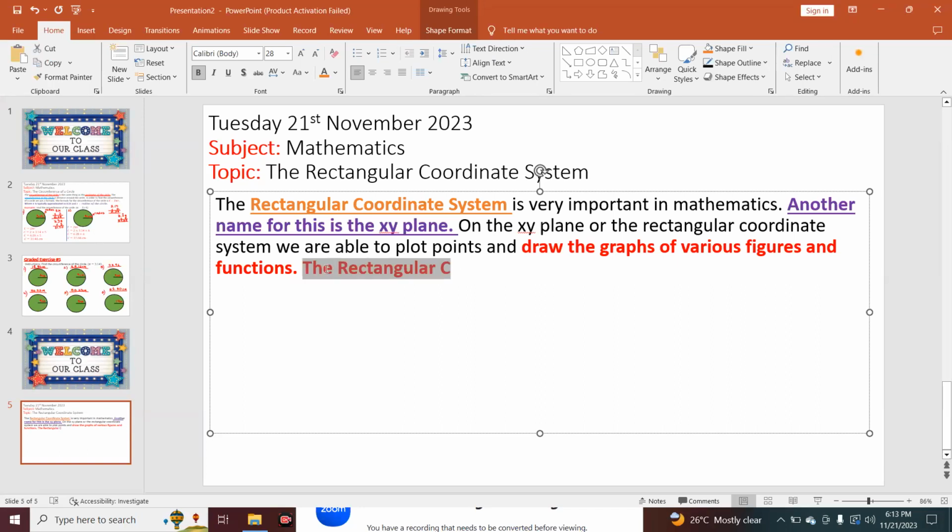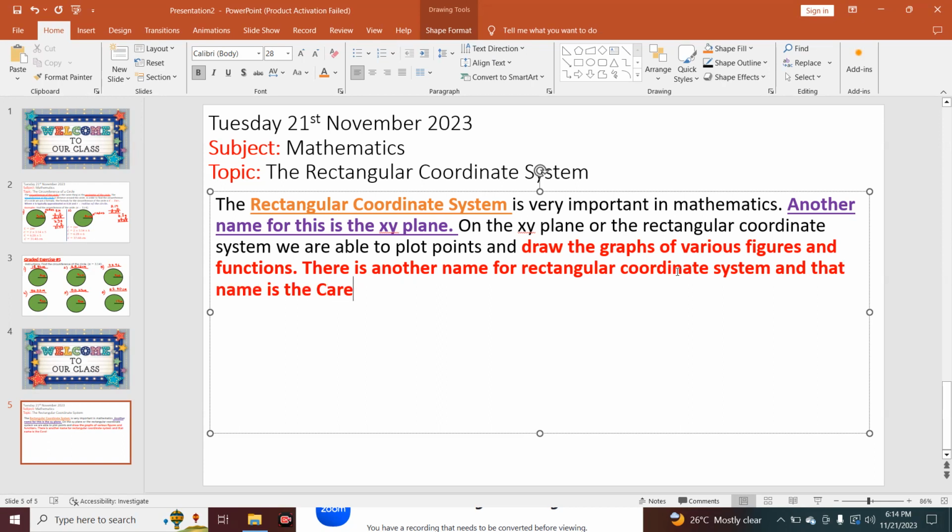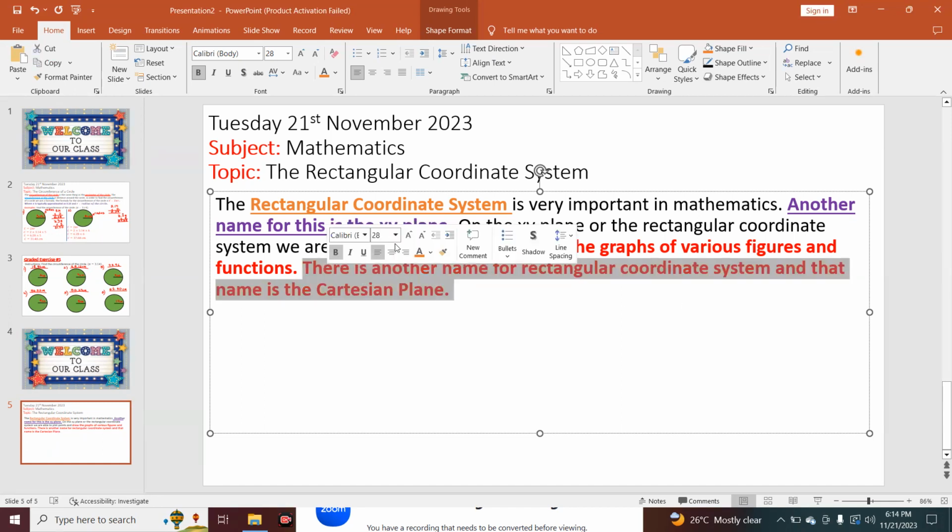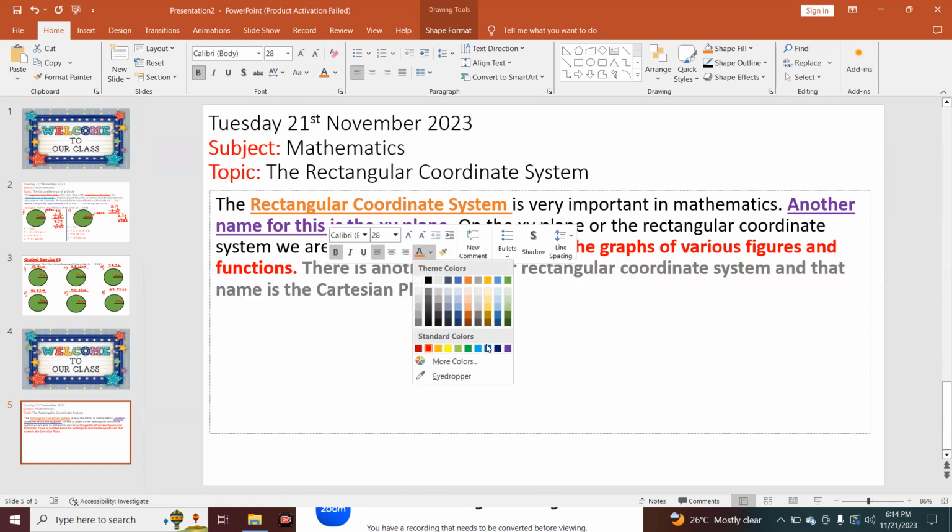There is another name as well for the rectangular coordinate system, and that name is the Cartesian plane. Now, anyone can guess why we call it the Cartesian plane? A good guess. Why do you think we call it the Cartesian plane?